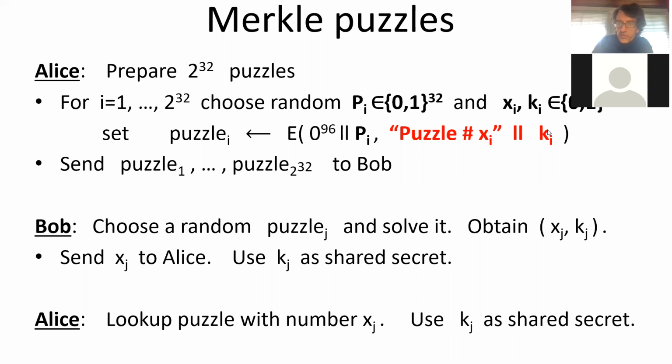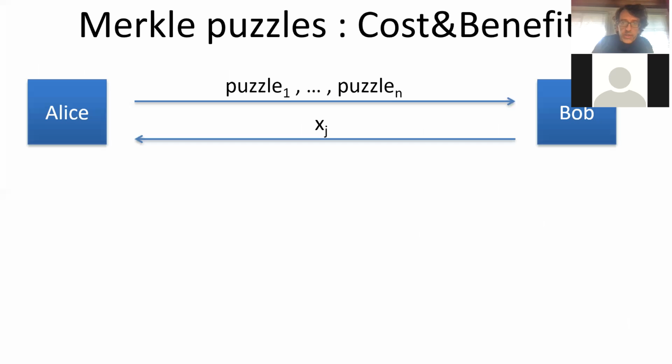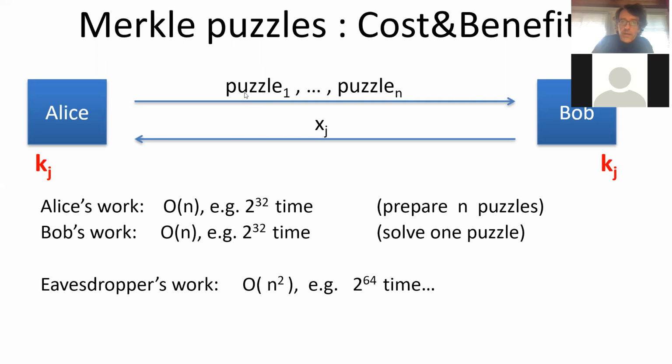She just recomputes the same PRF on input xj. Why is this secure? In what sense is this secure? So what did the adversary see? He sees all these puzzles, which are encryptions of xi, ki pairs, and he gets one of the xi's back.